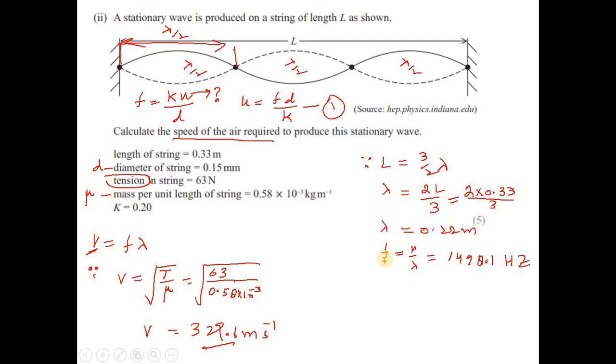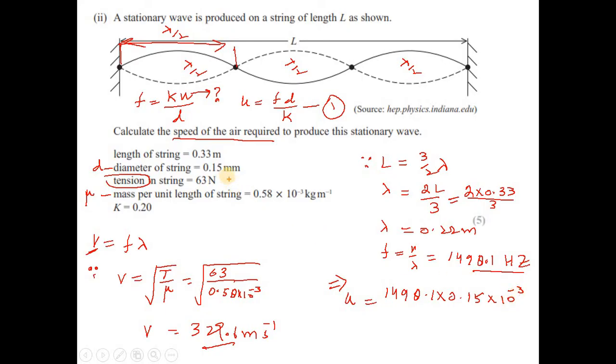And then use this frequency in this formula. So u would be equal to 1498.1 times d. D is the diameter, 0.15 into 10 to the power minus 3.